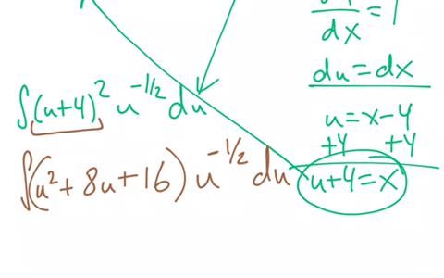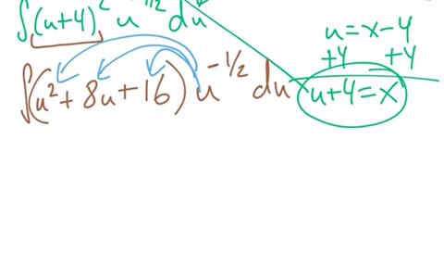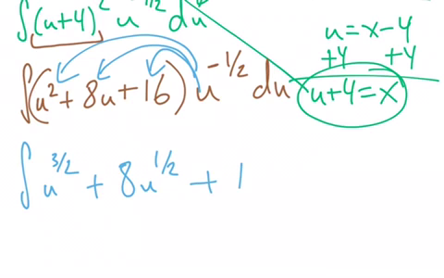All right, and from here, we distribute into everything. So this gives me u to the 3/2 plus 8u to the 1/2 plus 16u to the negative 1/2 du.